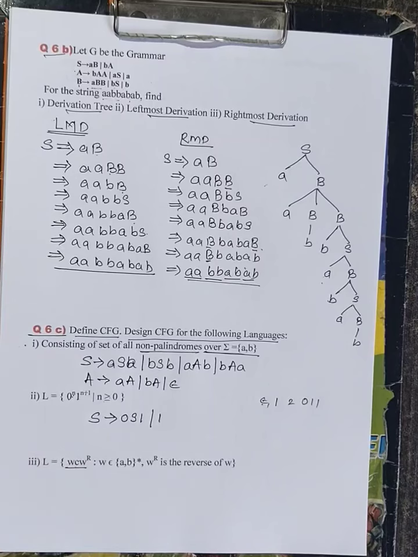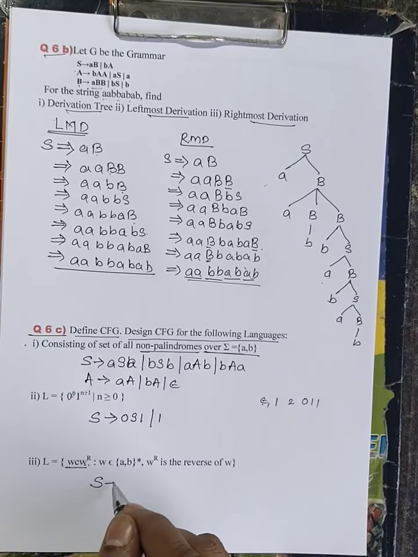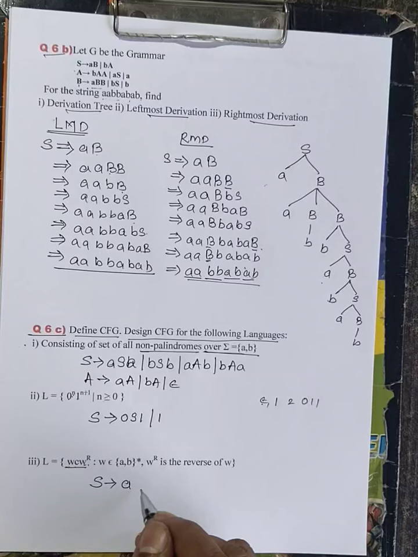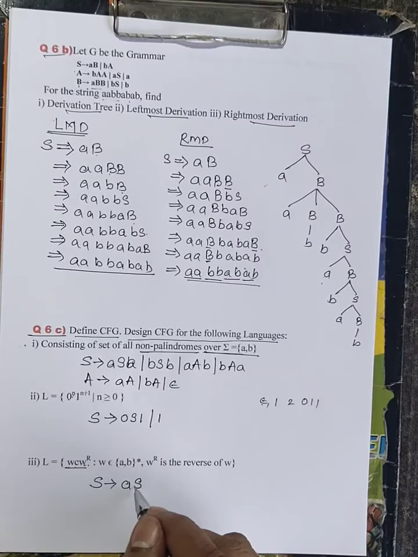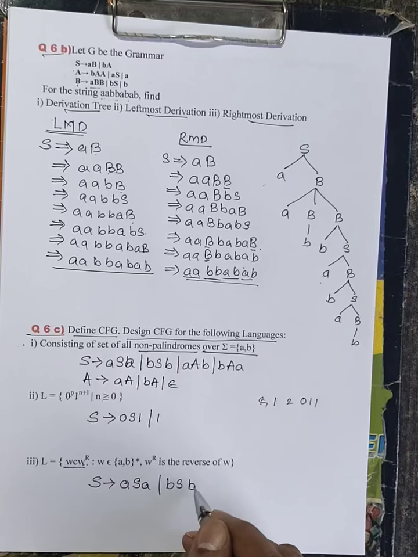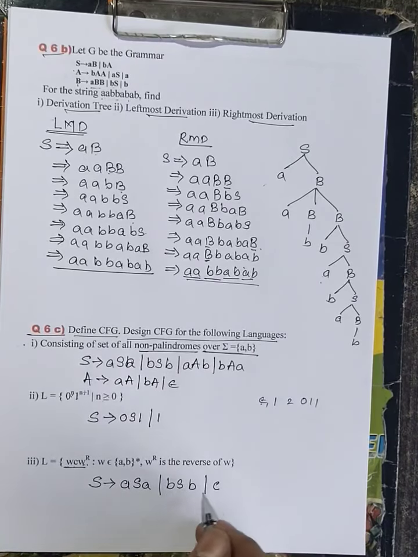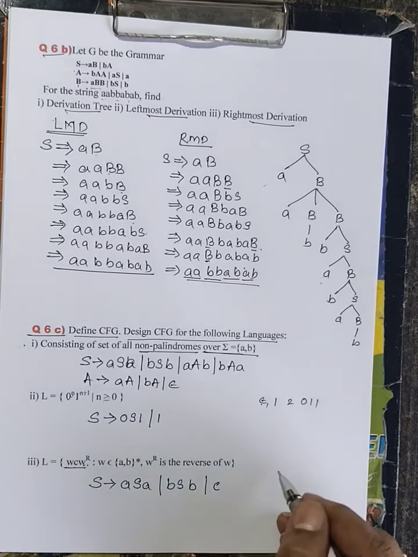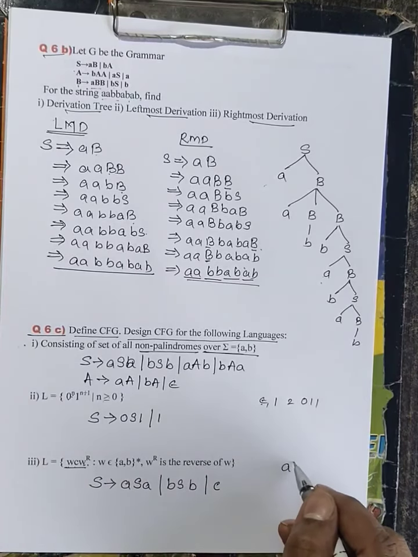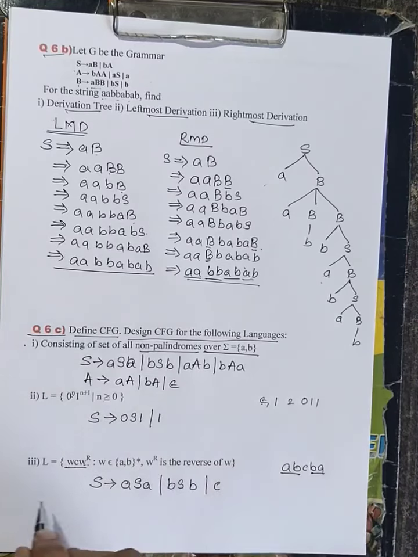Next, W W R. WR is given; WR is the reverse of W. And the grammar for this: S produces ASA or BSB or C. Finally, this can terminate using C. The string is A B C B A. This is W and this is WR.